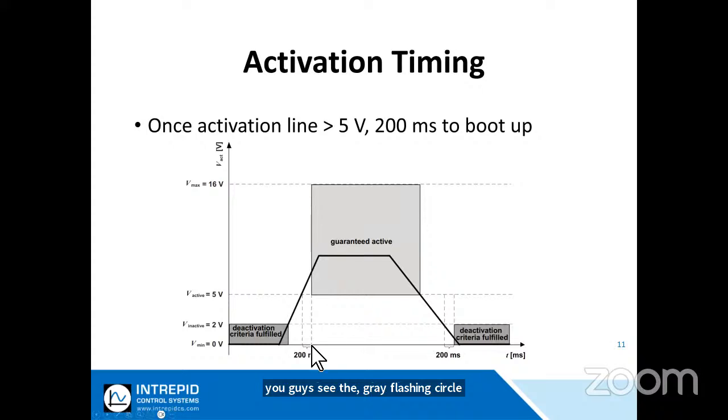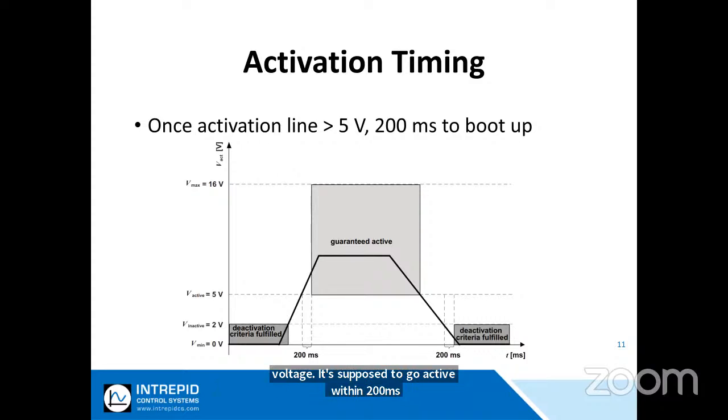Okay, awesome, great. So you'll see right here in the graph, from the time it goes to 5 volts to the time it gets up to the top voltage, it's supposed to go active within 200 milliseconds.